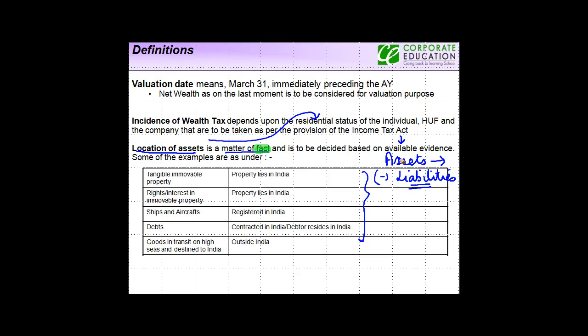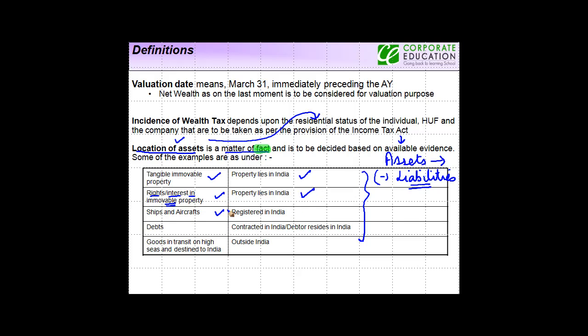Some of the general principles which have been laid down by certain judicial precedents are as under. Tangible immovable property: an immovable property which is situated in India lies in India. Again, rights and interest in immovable property lie in India.